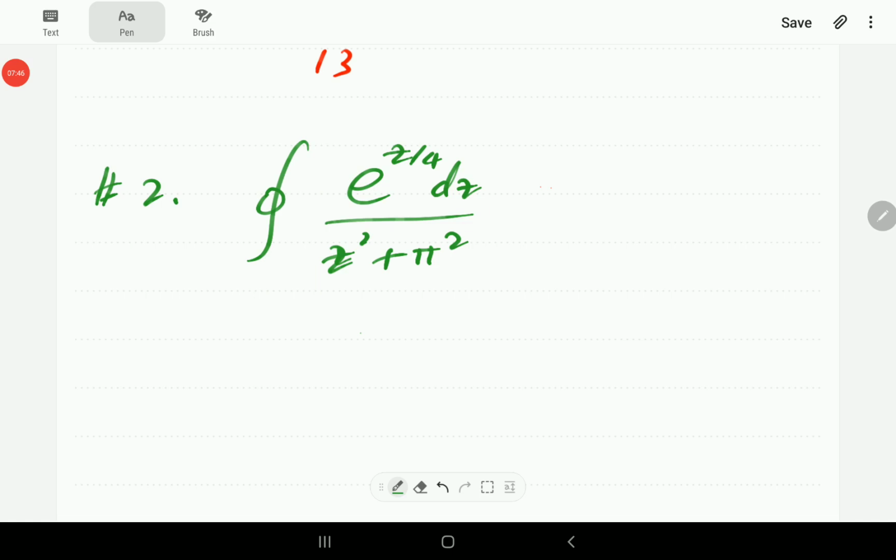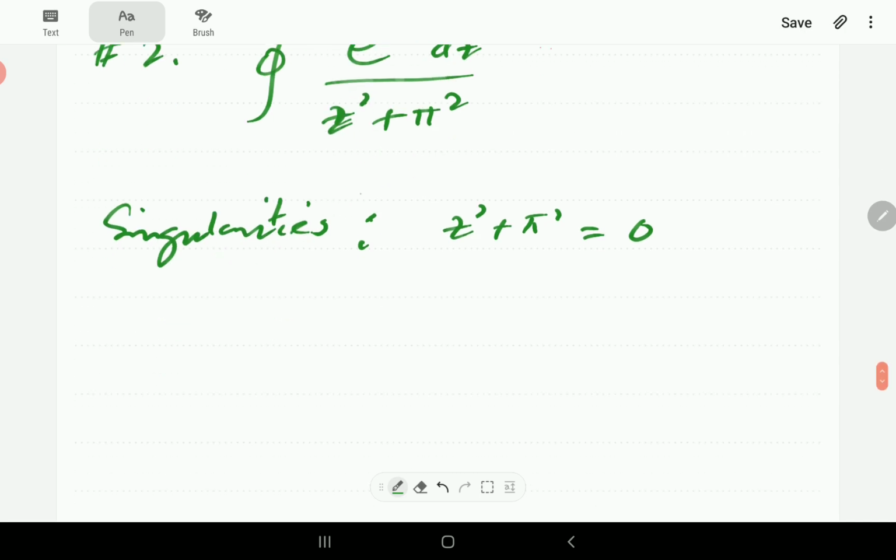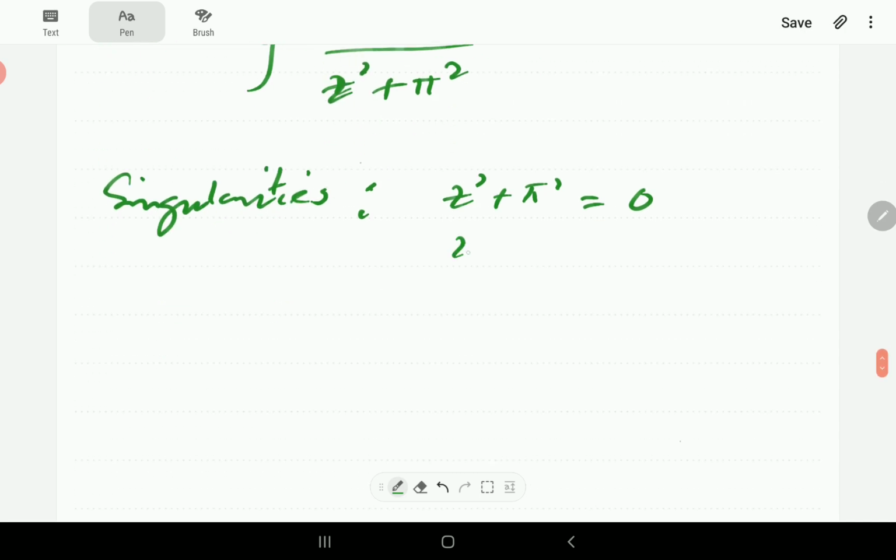Again, the first thing we need to do is identify the singularities of this function. This function is going to be singular when the denominator is 0, so z squared plus pi squared equals 0. z squared is minus pi squared, so z is going to be plus or minus pi i.